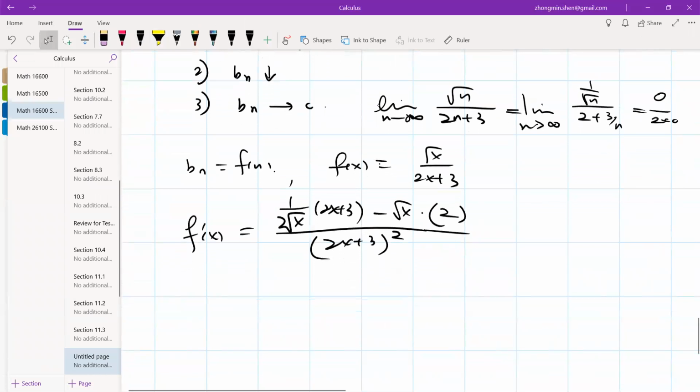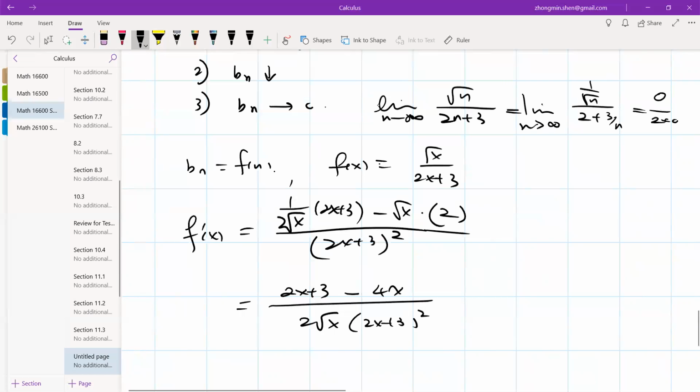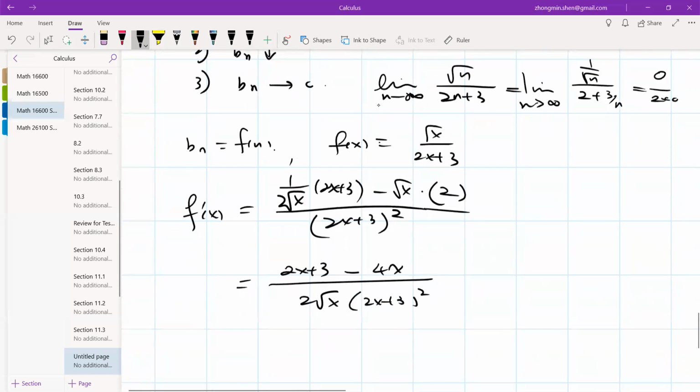You have to simplify. Take a square root out and move the 2 square root of x down. So I got 2x plus 3, minus 2 square root of x times square root of x, which is 2x times 2, that's 4x. So you get 3 minus 2x.